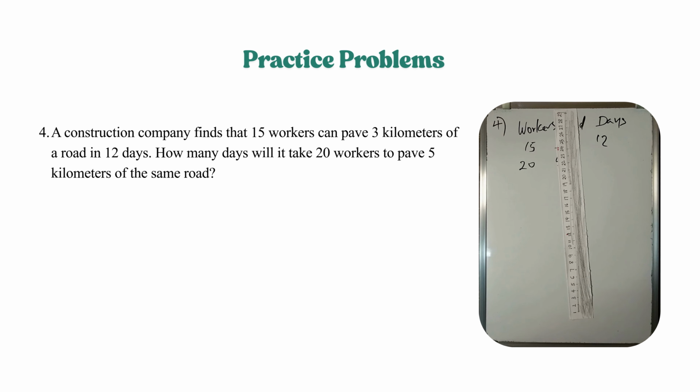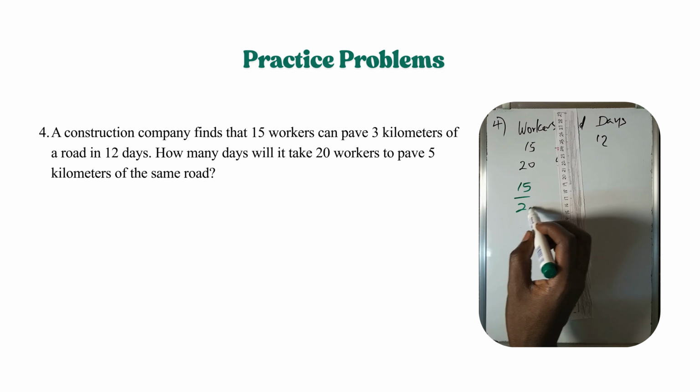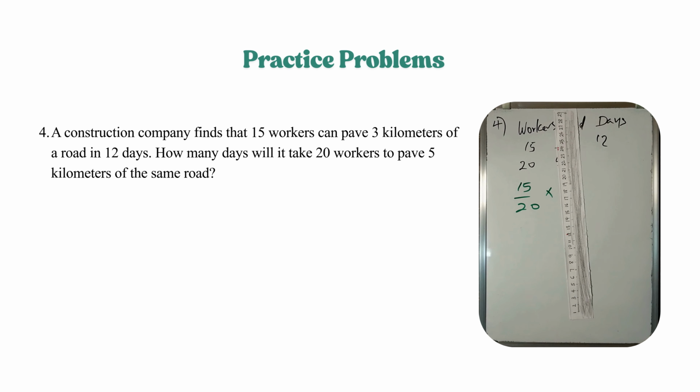So we are going to have a lesser number of days, so we are supposed to use a decreasing ratio. The decreasing ratio in this case will be a proper fraction, which will be 15 over 20. We'll have 15 over 20, then multiply.